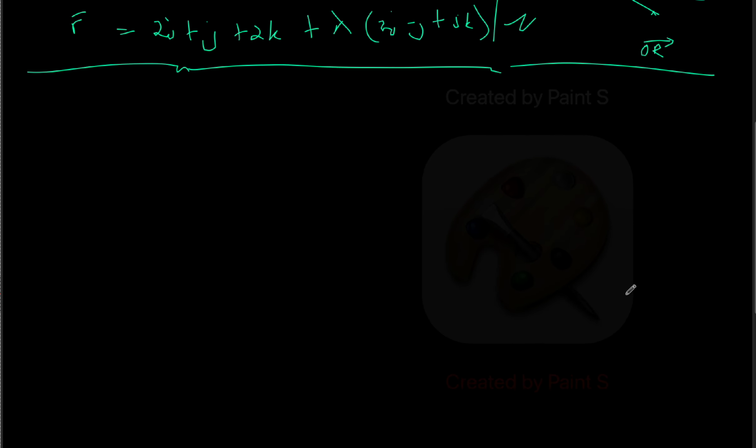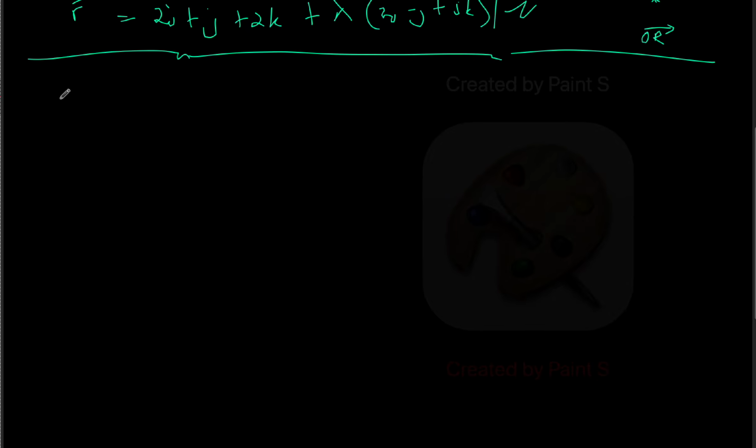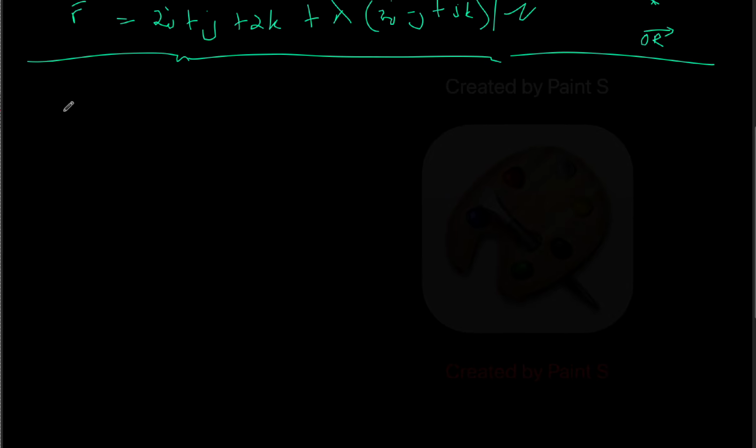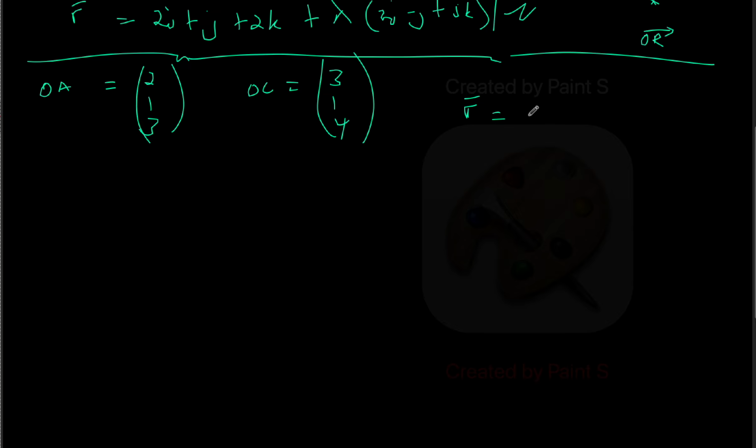The second case is when you are given two positional vectors on the line. You are told that OA is 2, 1, 3, and then you are told that OC is 3, 1, 4. In this case, my equation is going to be R is equal to OA plus the directional vector, which can be AC or CA.